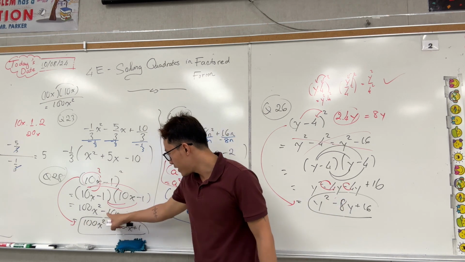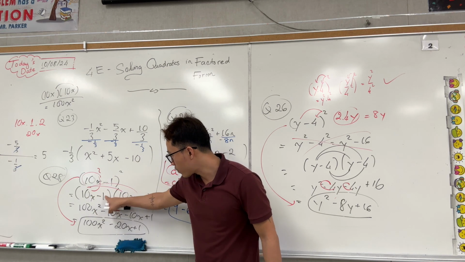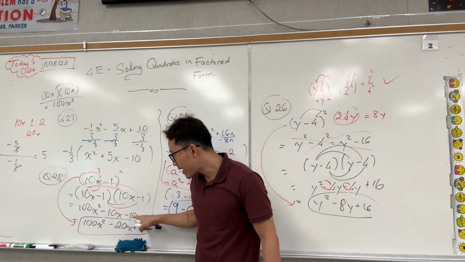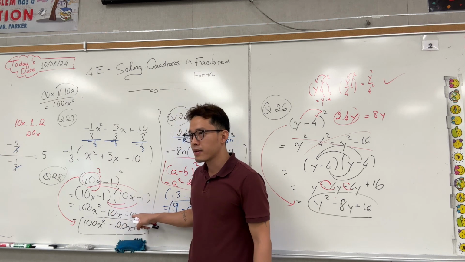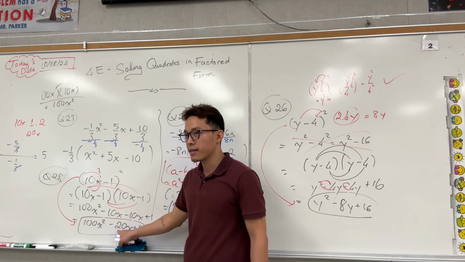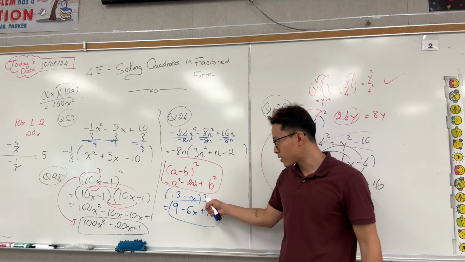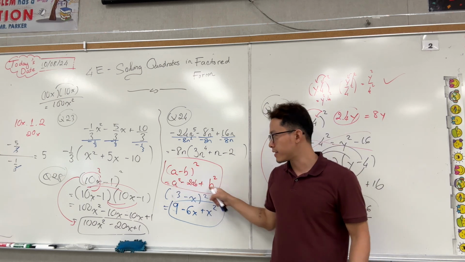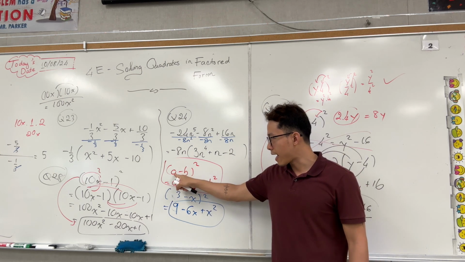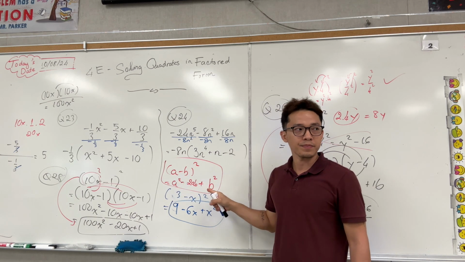Same thing here: when you multiply 10x by negative 1, you get negative 10x, and negative 1 times 10x is negative 10x. They will all be the same. So when you add them, that's when you multiply by 2. That's why 10 times 2 is 20. But you don't really need to understand why. You should know the formula, the pattern: whenever you see a minus b squared, it is a squared minus 2ab plus b squared.